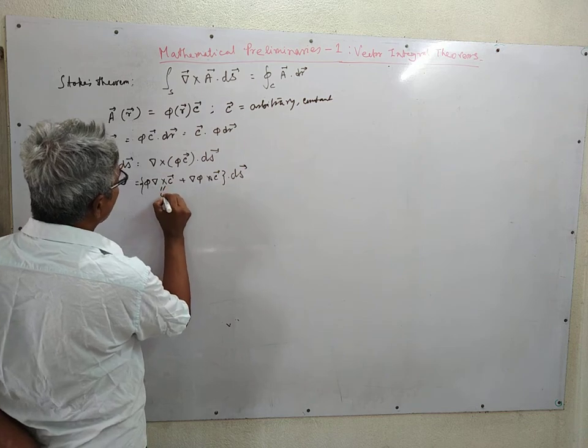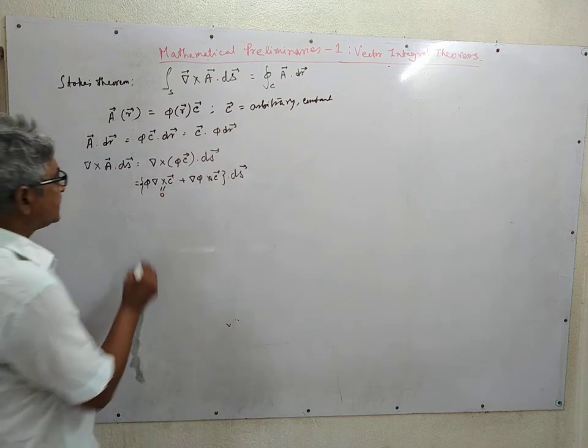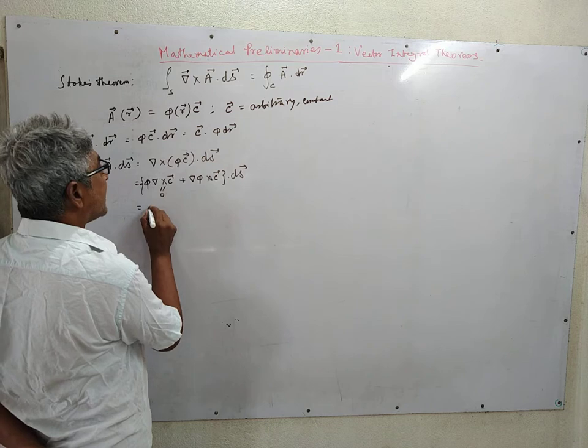Since C is a constant vector, curl of C is 0.